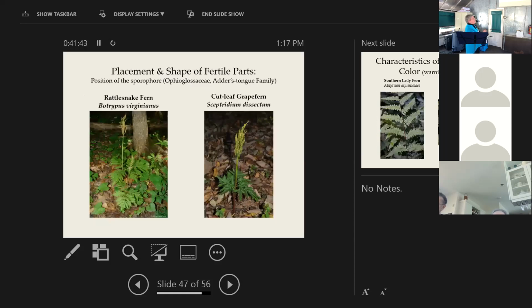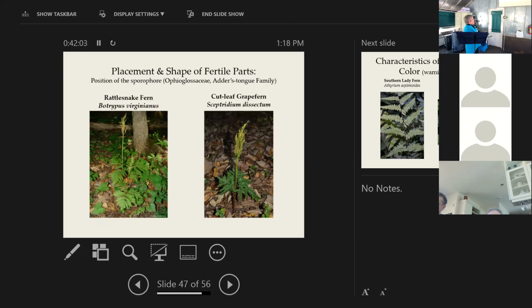And here are 2 that are often mixed up. These are all in the same family as the adder's tongue fern. Rattlesnake fern tends to come up early in the spring, kind of has a fairly delicate frond. The spore-bearing part comes up right from where the fronds meet. Up comes the spore-bearing part, the sporophore.